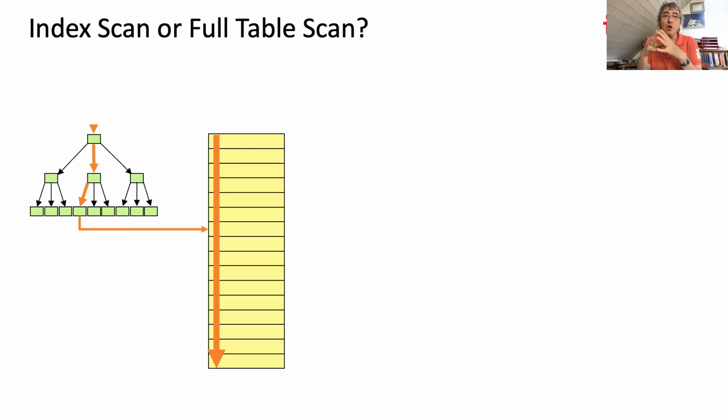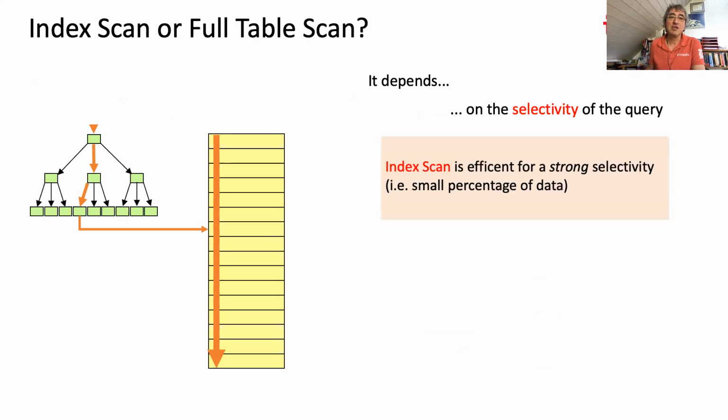And that's important to know when you have the question, is an index scan or a full table scan better? It depends on the selectivity. If the selectivity, that means the percentage of the data returned, is small, or we usually call it a strong selectivity, that means an index scan is a good approach. An index looks like a tree, and then you find the corresponding rows in the tree.